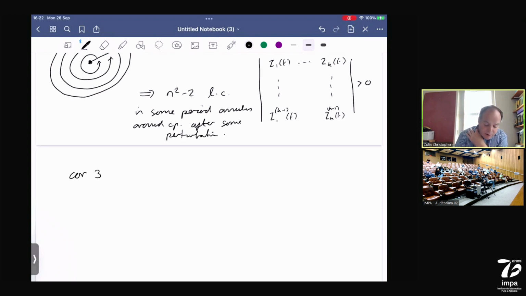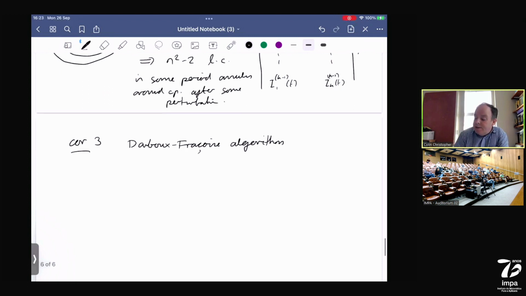And the final corollary we wanted to look at was the Darboux-Francoise algorithm. So I wanted just to remind very briefly about what the Francoise algorithm is, and then say how we can generalize it.